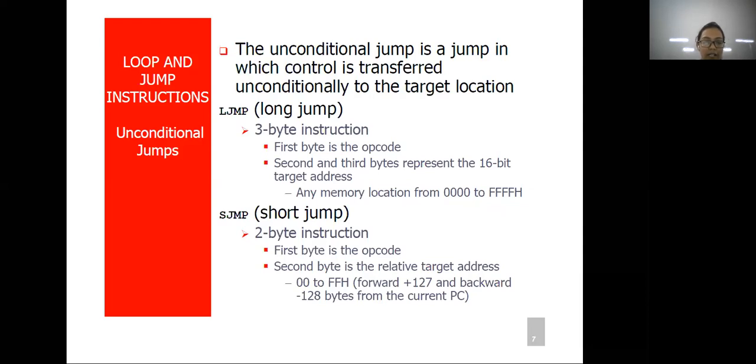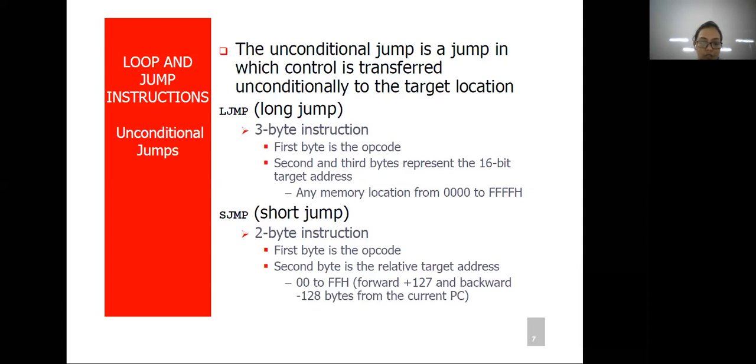The location specified after the LJMP instruction will be in the range 0000 to FFFFH. So this is long jump.